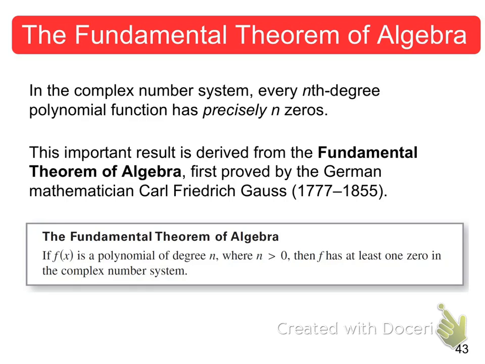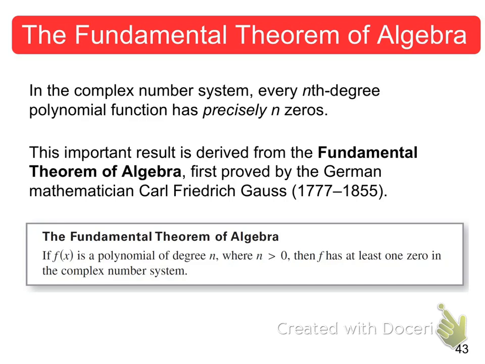But if you've got x to the third, how many solutions should you find? 3. If I have x to the fifth, how many solutions? If I have x to the seventh, how many solutions? 7. Okay? That's what this is saying.